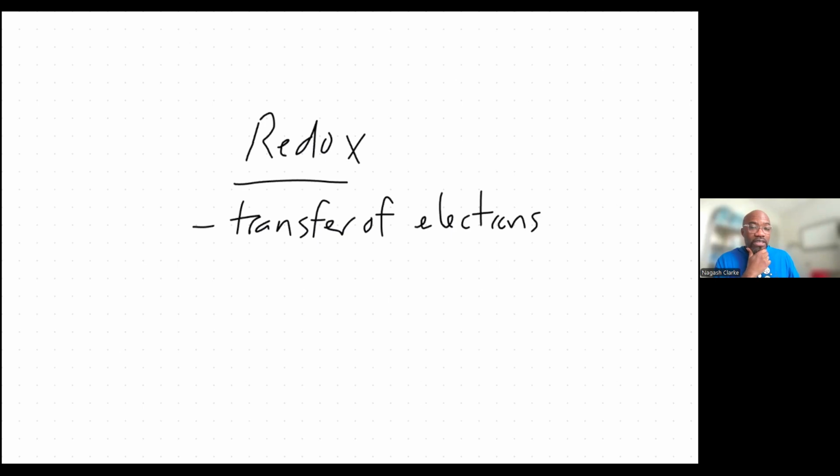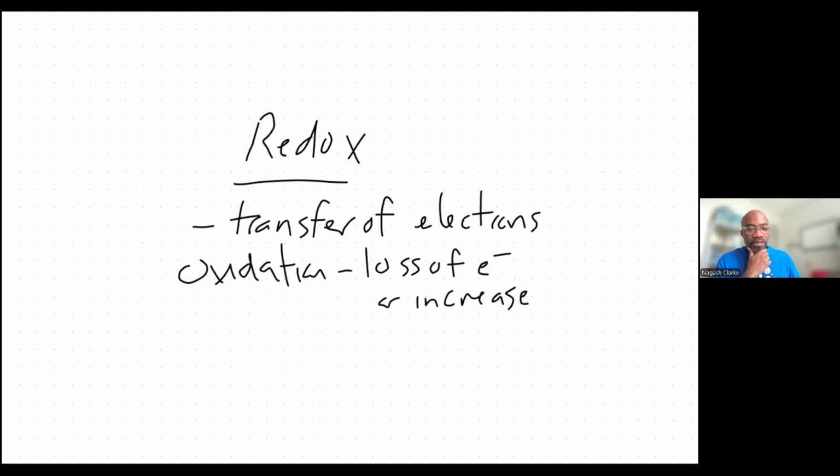So redox reactions, there's oxidation, that's loss of electrons, or increase in oxidation number. And I'll explain oxidation number in a second. It's kind of an abstract concept.